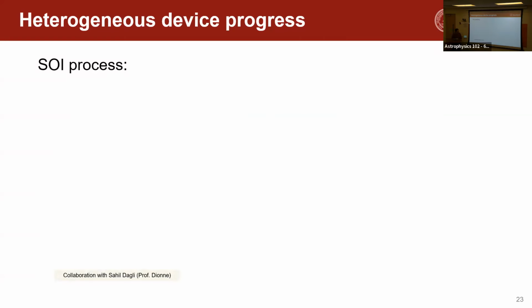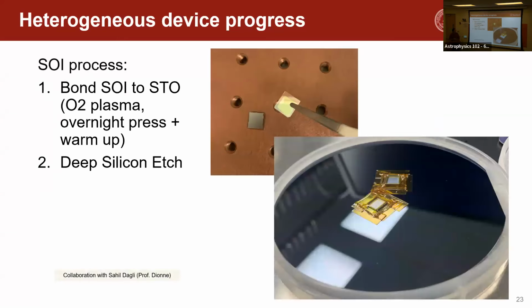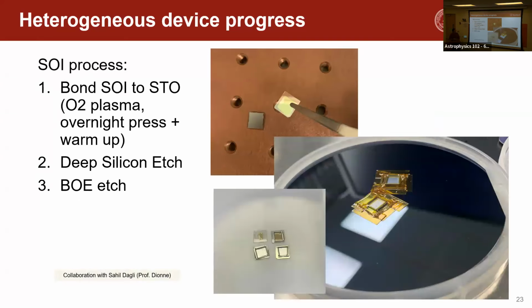And so we've been working also in collaboration with the Dion group to develop an SOI process where we can bond SOI to STO, do a deep silicon etch, add an additional buffered oxide etch, and get thin films of single crystal silicon directly onto our strontium titanate. And now we're working on this last step to actually make the photonics.